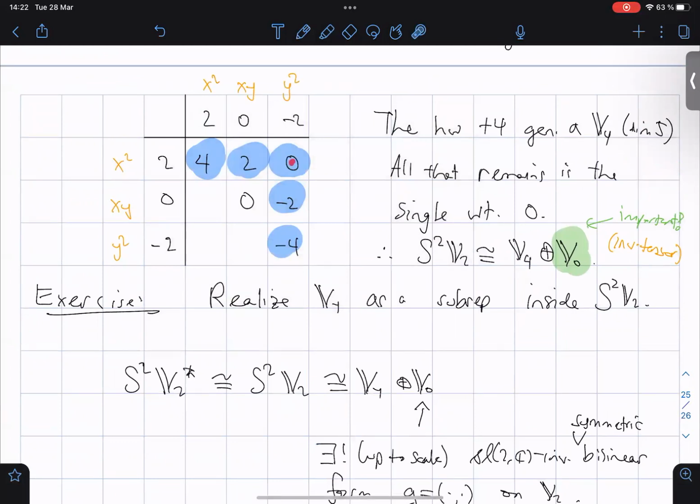If you think about where this zero comes from, it's the symmetric tensor product of x squared with y squared. So in my notation below, it's x squared symmetric-tensor y squared. But that's the same vector as y squared symmetric-tensor x squared. It's a symmetric vector, and so we don't want to double count that.